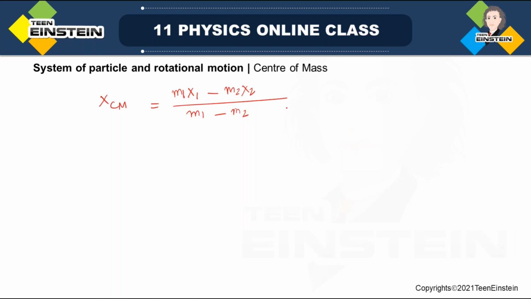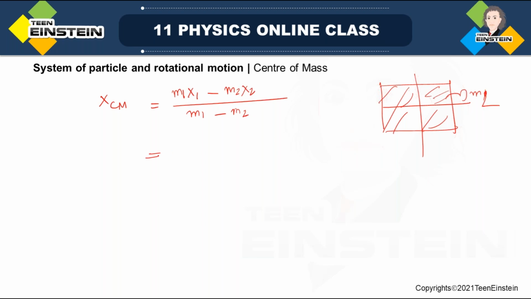Look what I have done here. I had 4 portions. Suppose this portion, the remaining portion, is M1, and this portion, only this shaded region, is M2.